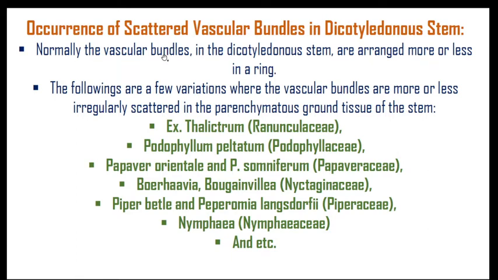Normally the vascular bundles in a dicotyledon stem are arranged more or less in a ring, means in a circular manner.